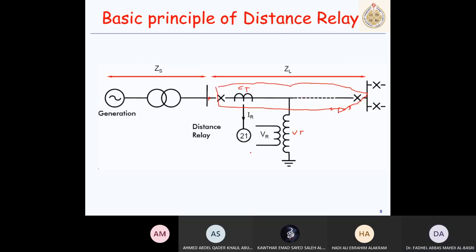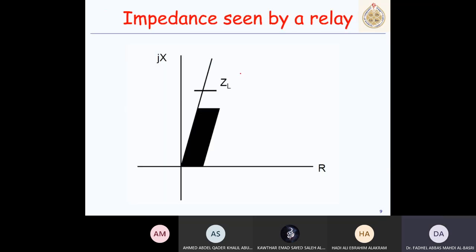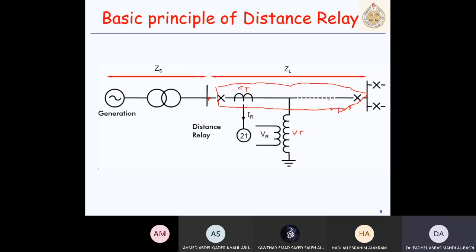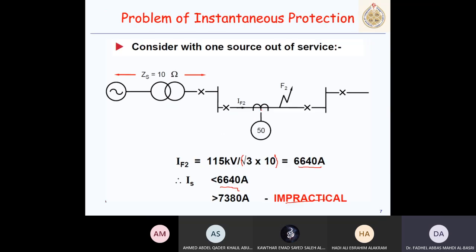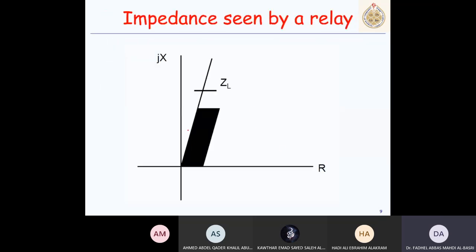The impedance that I would measure depends on the fault location. So if the fault is here at 50%, you will measure 50% here. The fault at 50% lies on the line characteristic.